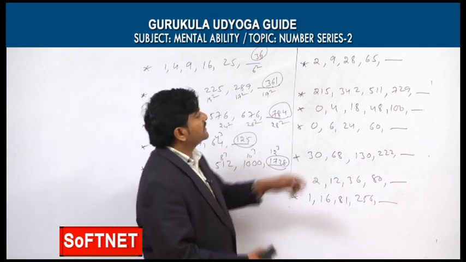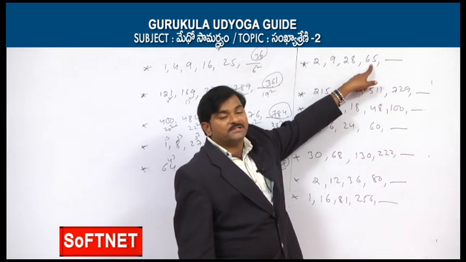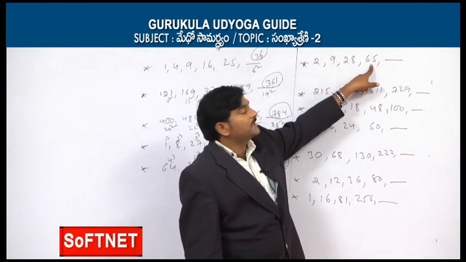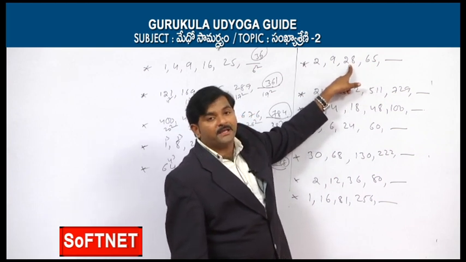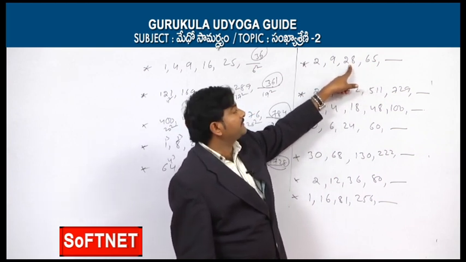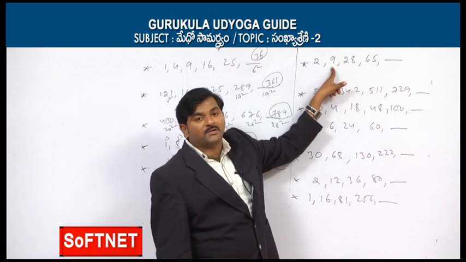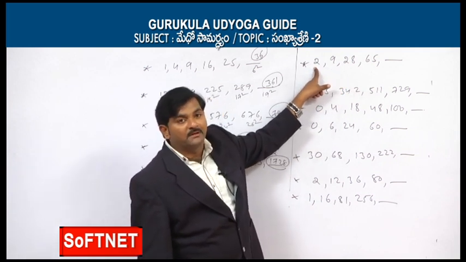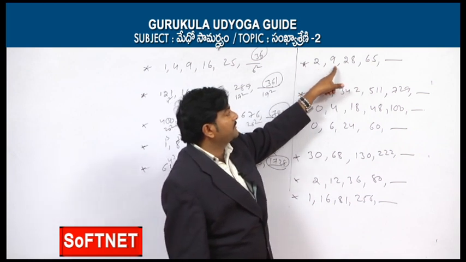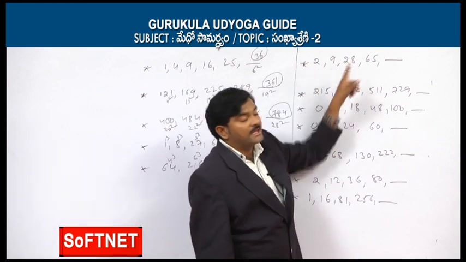Clearly, if you observe here, 65 is near to 64, 28 is near to 27, 9 is near to 8 and 2 is near to 1. Why am I stressing 1, 8, 27 and 64?